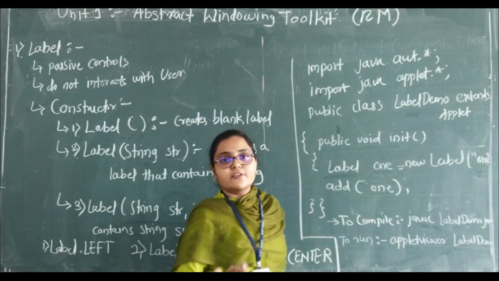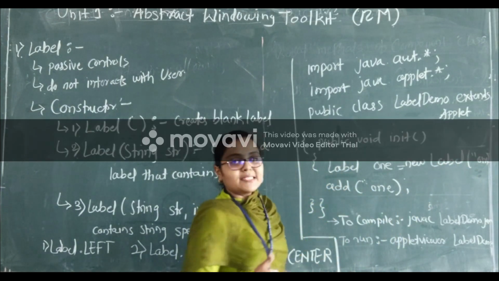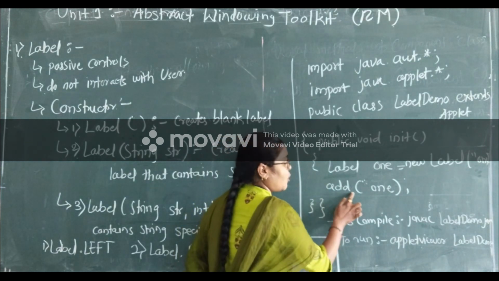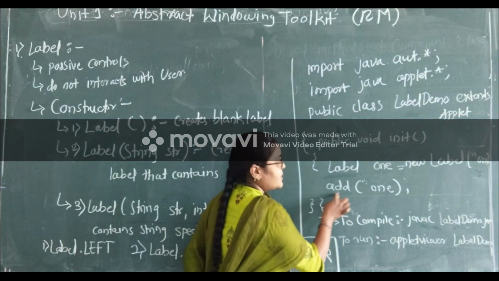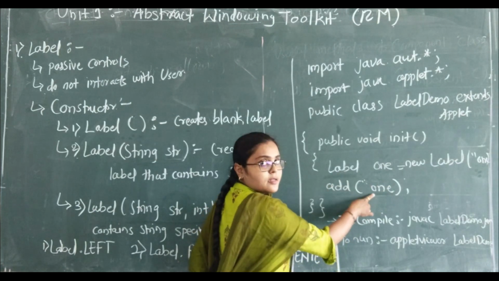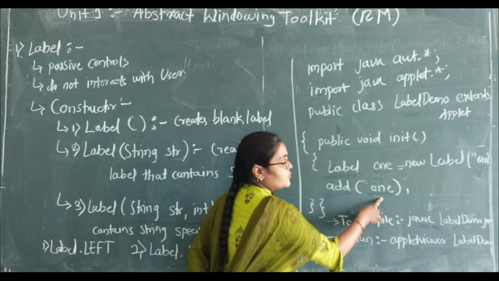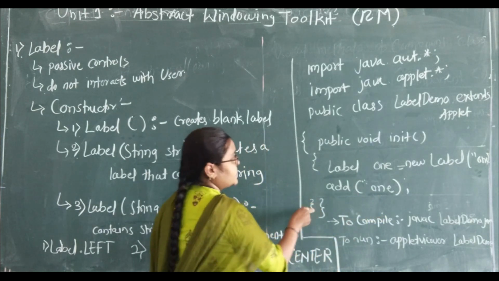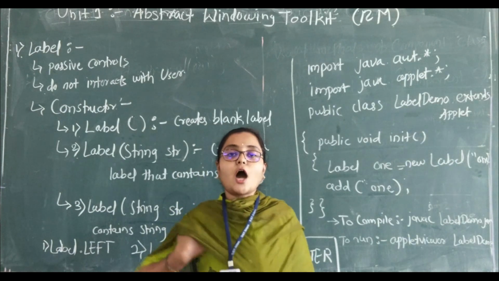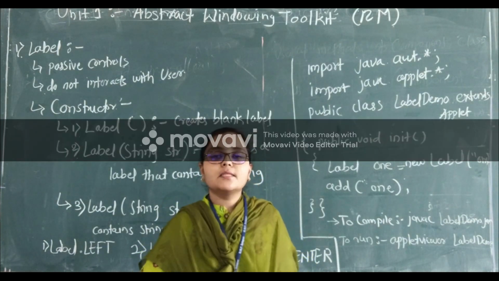So after defining the label, we must add it on our window. So use the method add of Component and pass the object of your label. So add(l). Complete the init method, complete the class.